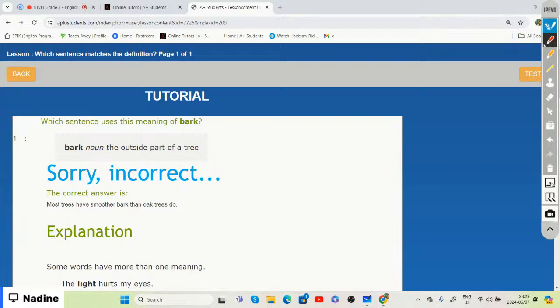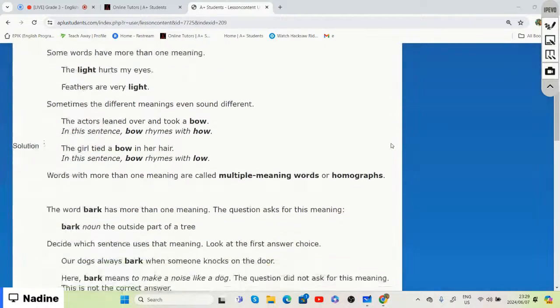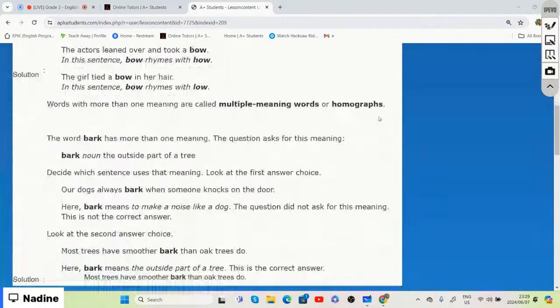So as you can see once again, these are multiple meaning words. Since bark has more than one meaning, we've got a definition that means the outside part of a tree.